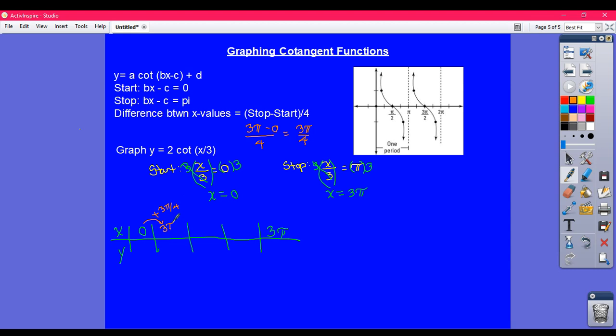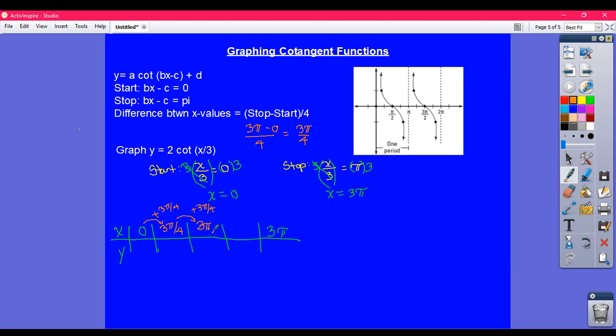So 0 plus 3 pi over 4 is 3 pi over 4. 3 pi over 4 plus 3 pi over 4. And I said this in the tangent graph as well. You don't actually have to include the pi if you're going to put this in the calculator. Just put 3 over 4 plus 3 over 4. Make sure it's in fraction form. So if you have a scientific calculator, it's that ABC button for fractions. 3 over 4 plus 3 over 4 would give you 3 over 2.